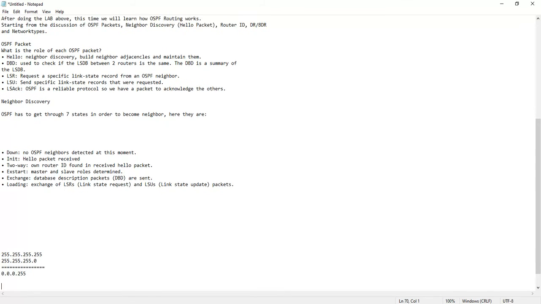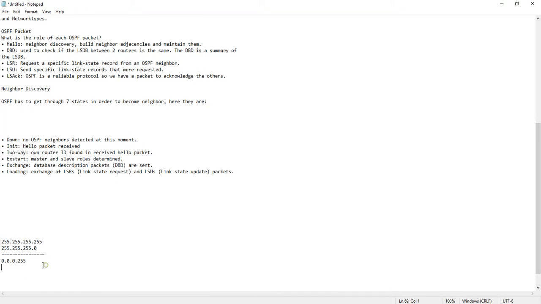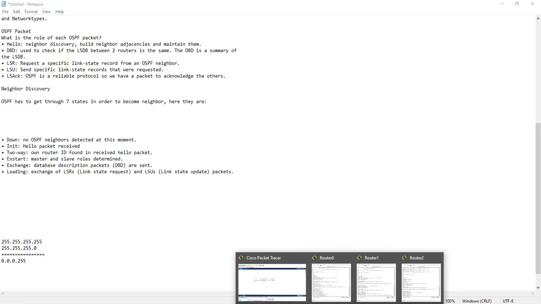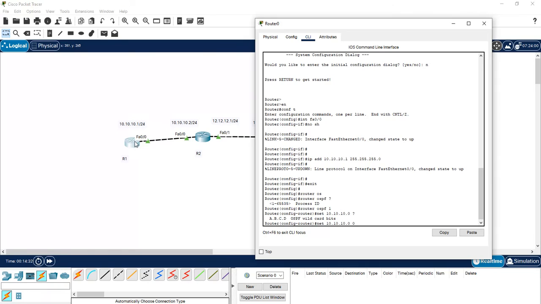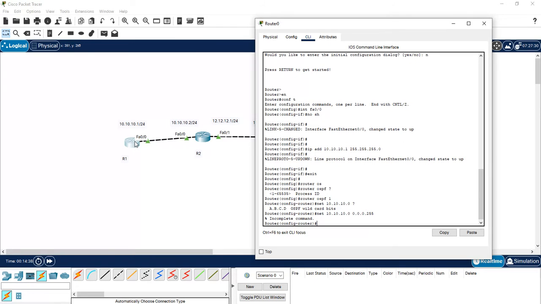This is the wildcard we get from the subnet mask 255.0, the subnet mask for router 1. That's very easy. So we continue our configuration with 0.155 like this. Okay, put comment.